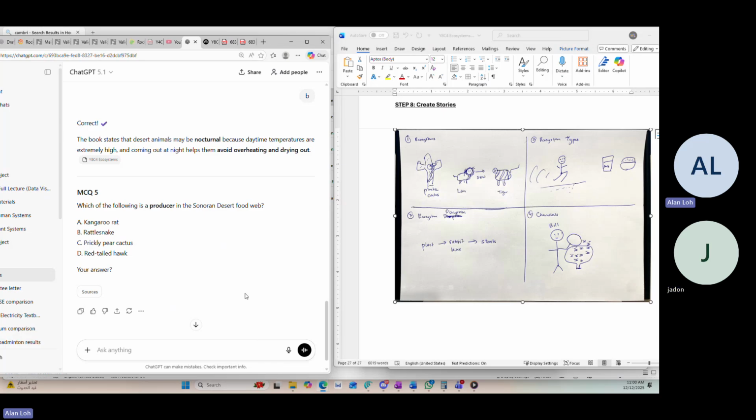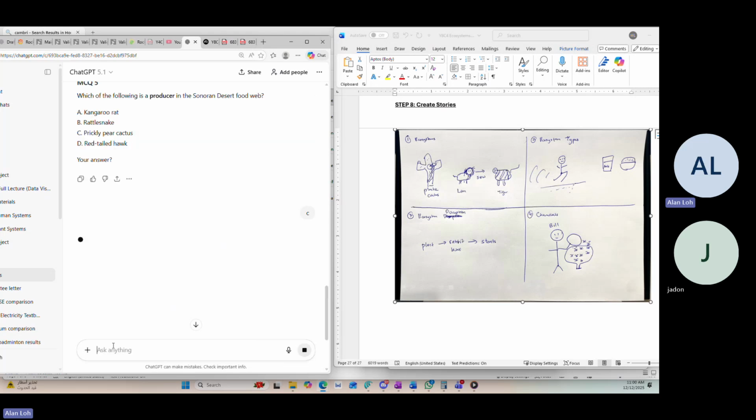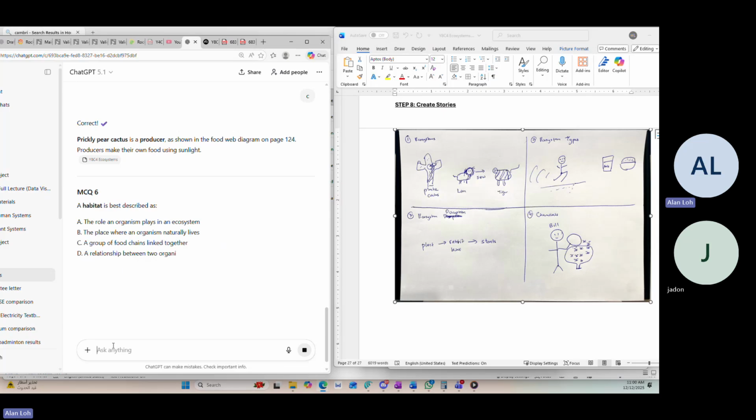Producer. Prickly pear cactus. Habitat is drawer 1.